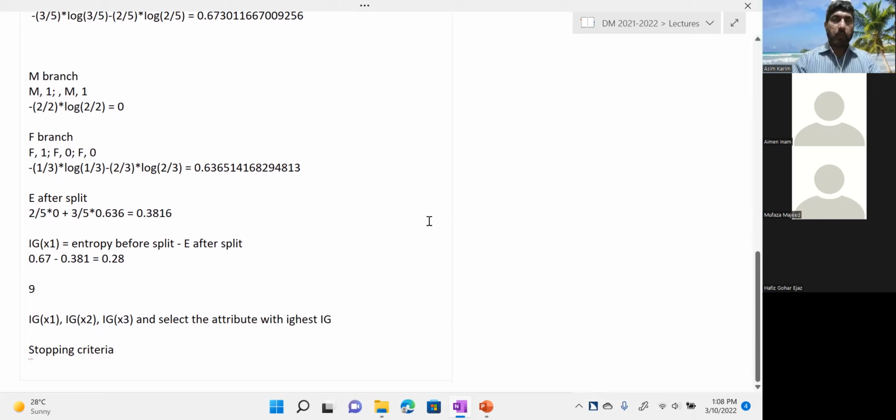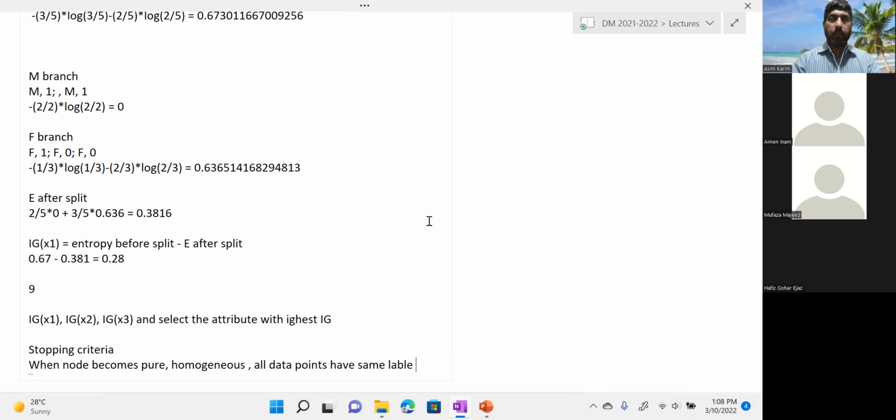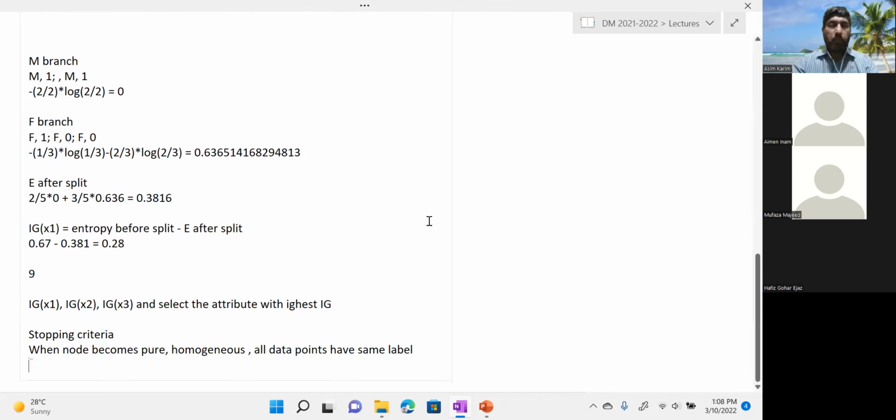So of course you stop when the node becomes pure, meaning that there is no inhomogeneity or it is homogeneous, or in other words, all data points have the same label. ठीक है? So that is when you stop.